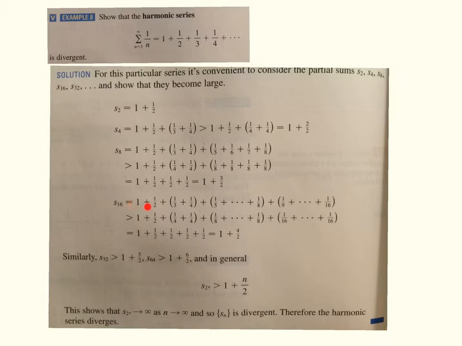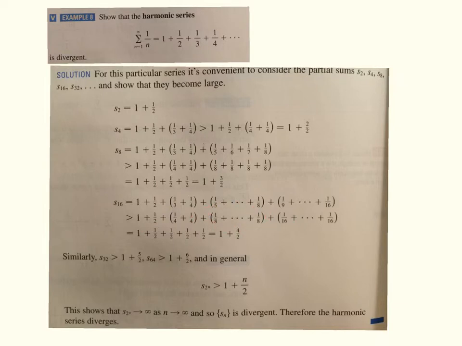Okay, now let's look at a bigger sum here. Let's add up the first 16 terms. Each of these guys is either bigger or equal to 1/4. Then each of these guys is bigger than or equal to an 8th, and each term in this little chunk here has to be bigger than or equal to a 16th. So that means this sum right here has to be bigger than this sum. This little part here adds to 1/2.